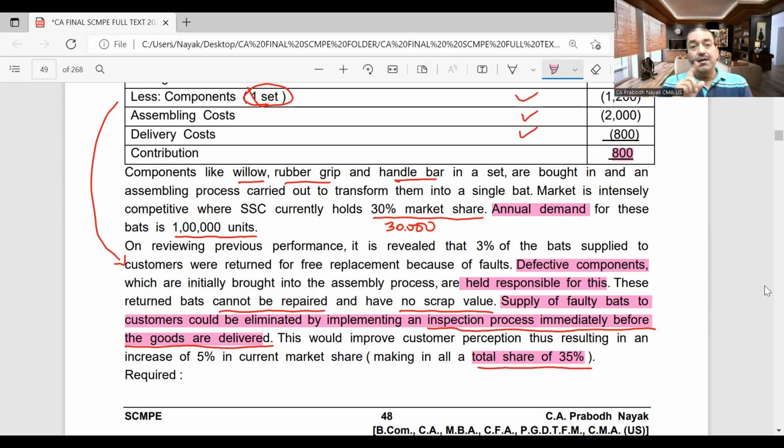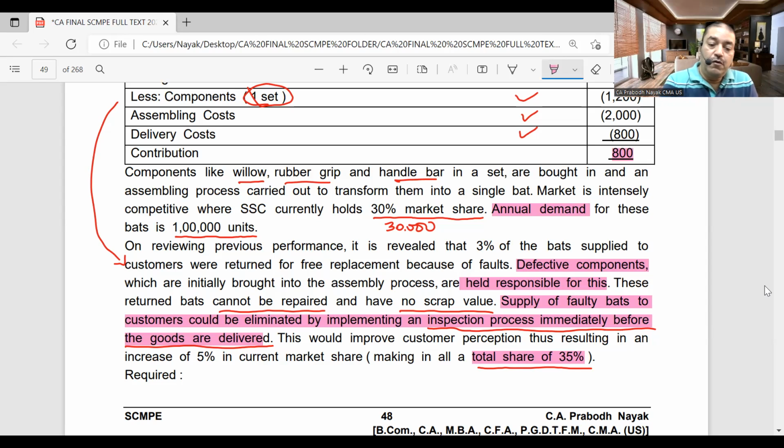But there will be a problem. What is that problem? Additional 5,000 bags I have to sell. But again, that 5,000 bags will be after replacement of 3% of the defectives. So how much I'm going to produce actually and how much loss I'm going to suffer.